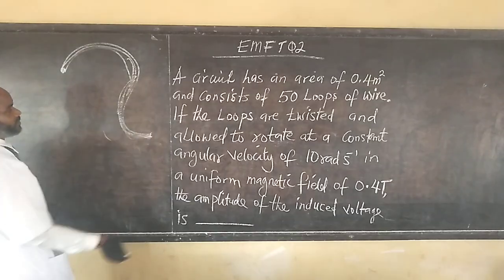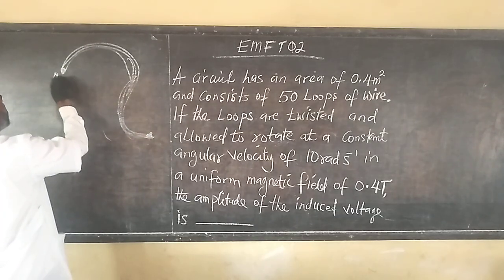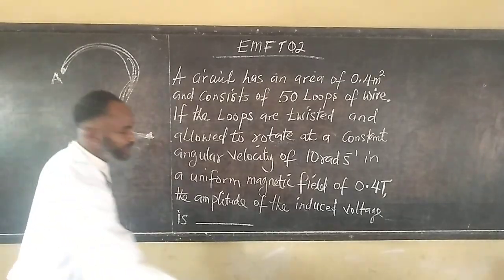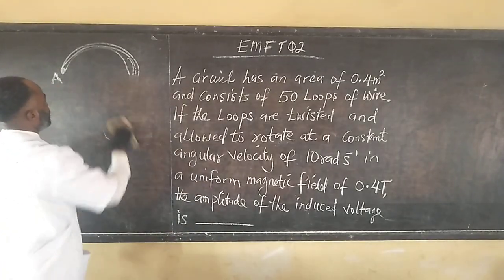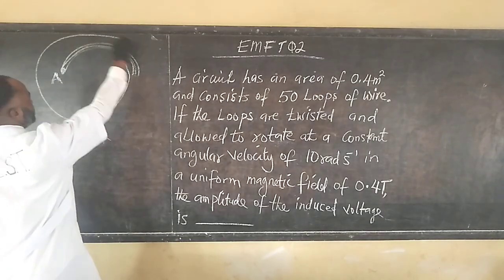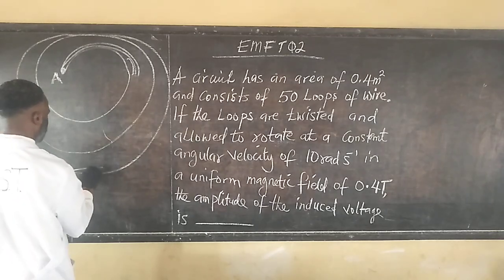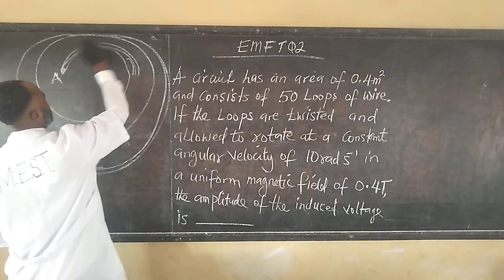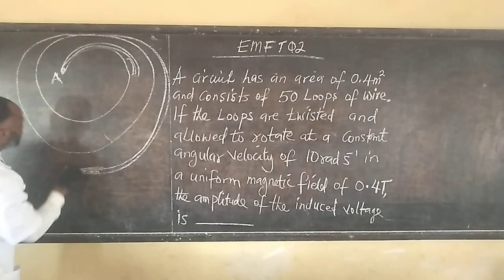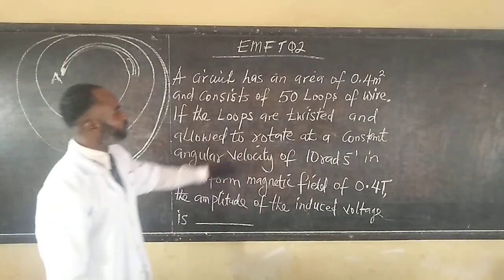Number of turns. If this represents the cross-sectional area A, or rather we take something like this: first one, second one, and third one, maybe this represents a cross-sectional area of the core A. The same thing here, A. So we are talking about 50 loops.